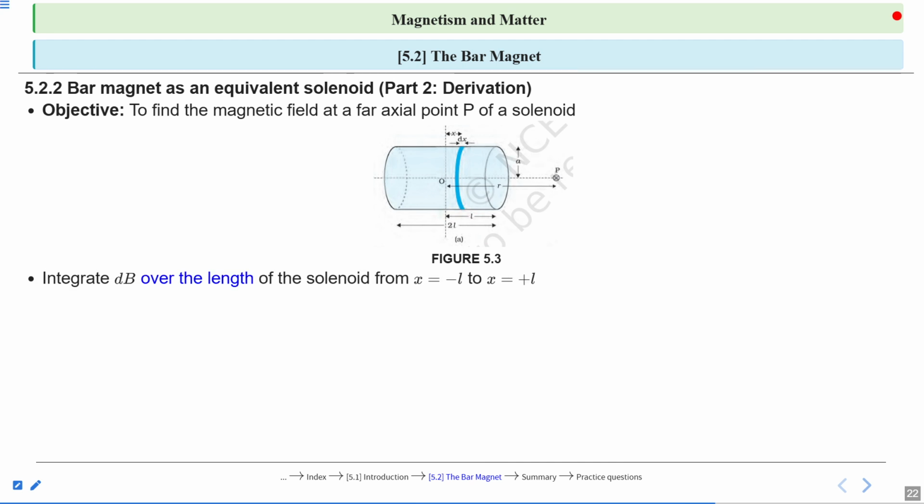Okay, so integrate dB over the length of the solenoid from minus L to plus L. What is minus L? We are taking this center as origin.